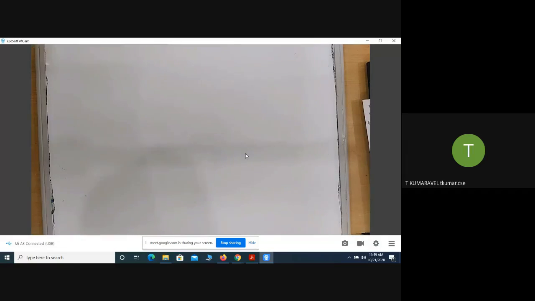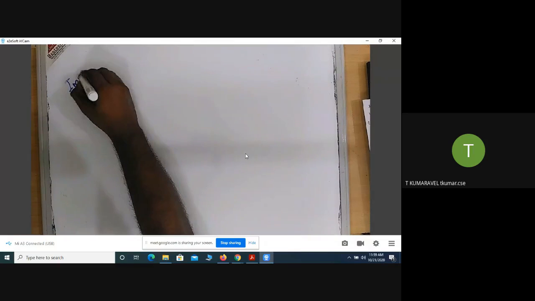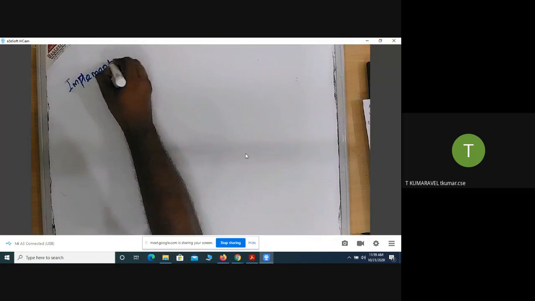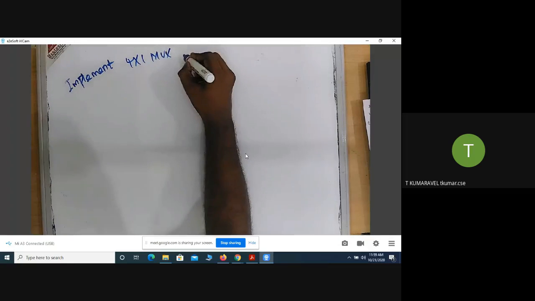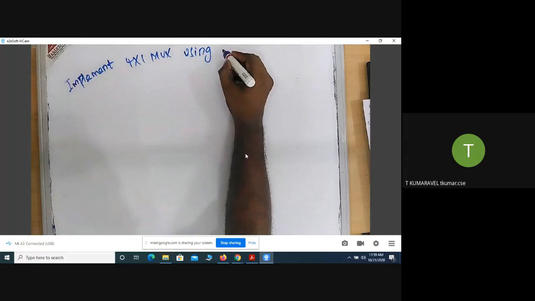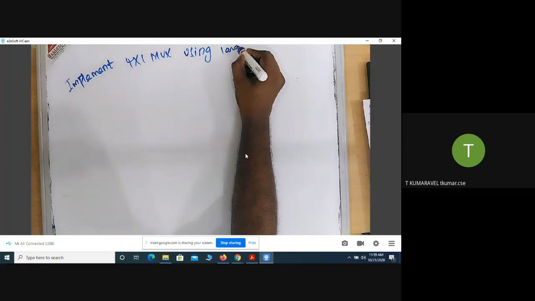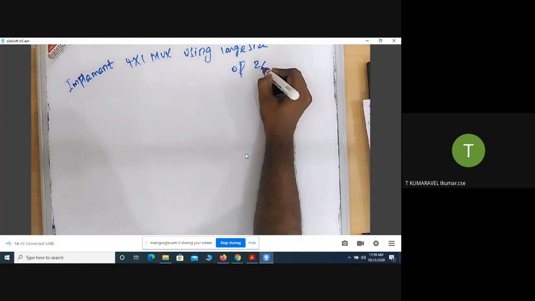For example, you want to implement a 4 by 1 multiplexer using a large number of 2 by 1 multiplexers.